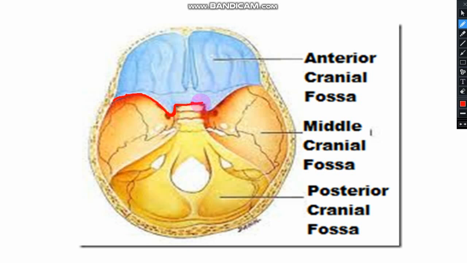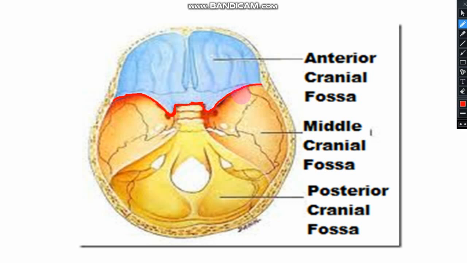Similarly this is on the left side and similarly on the right side: anterior clinoid process, then lesser wing of sphenoid. This is the posterior margin of the anterior cranial fossa.